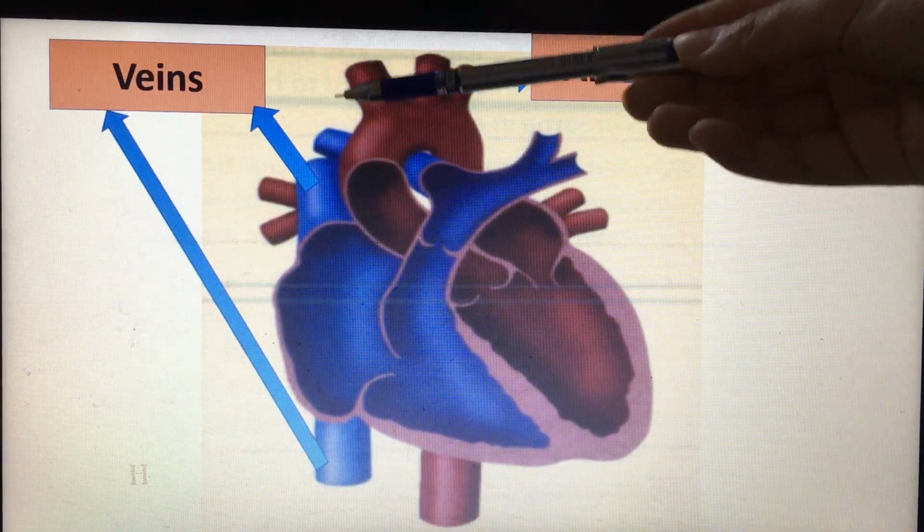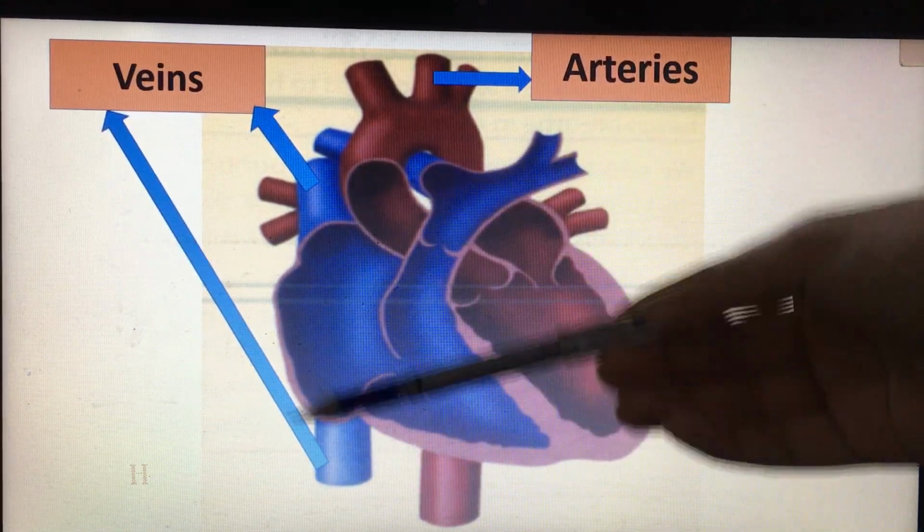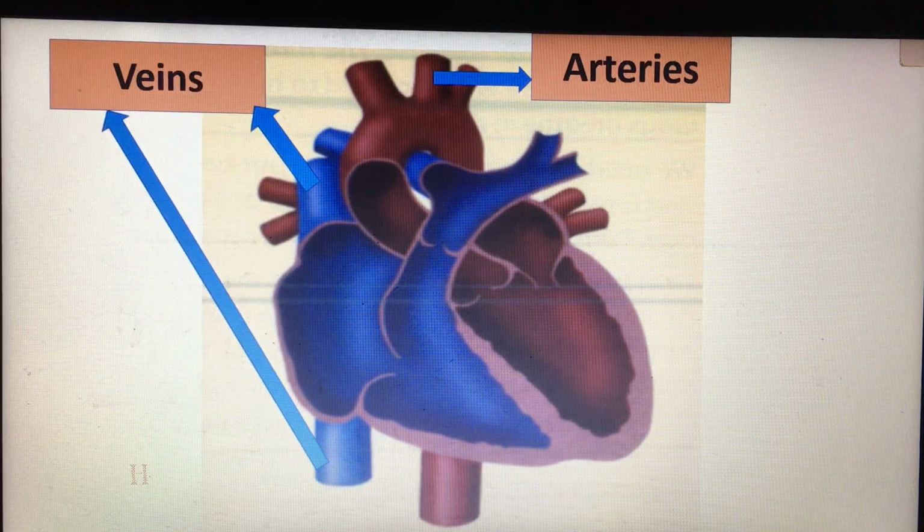So here in your book, we have arteries and here we have veins. So please label them in your book. Arteries and veins. Those are the tubes that let the blood pass or move to all our body parts. Okay, so please label them.